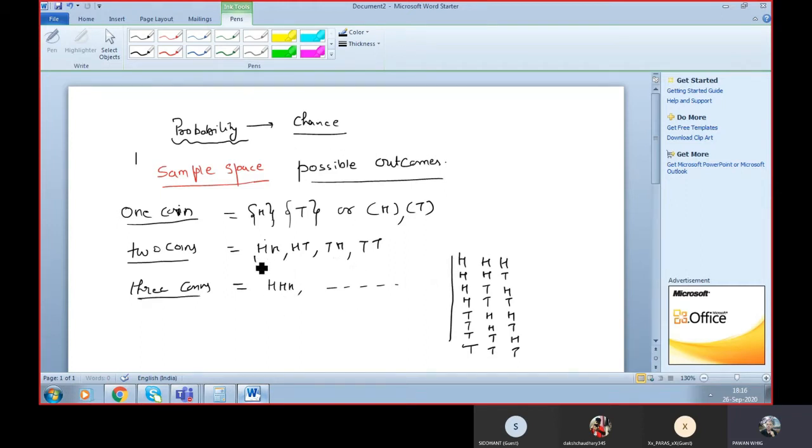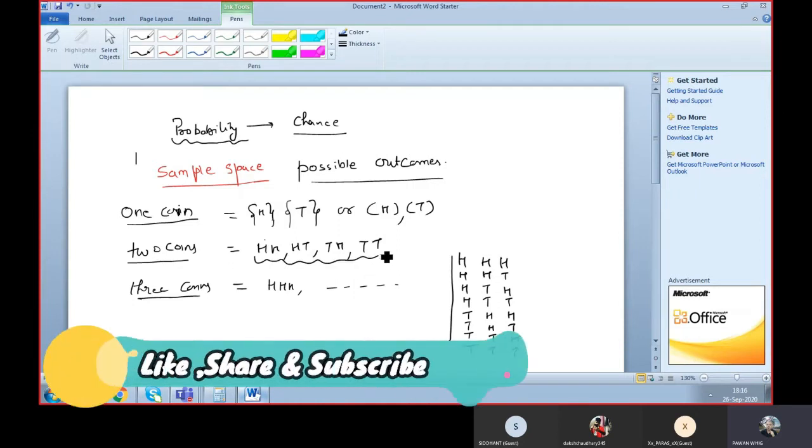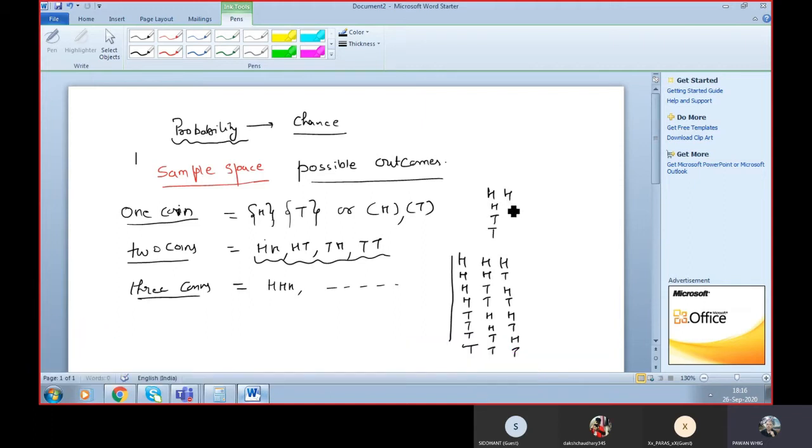In the same way, there is a technique for two coins: write 2H, 2T, then 1H, T, H, T. So this is how you can generate it very easily.